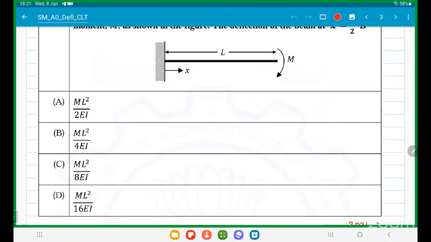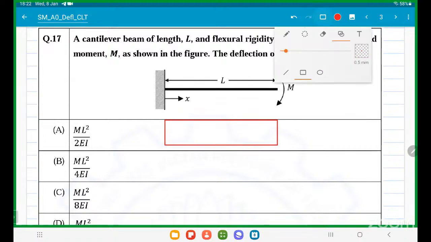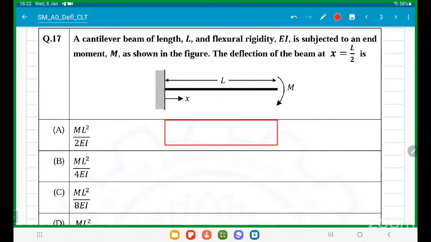What is the bending moment diagram for this? BMD. Very simple. Constant bending moment. 0, M, means minus M, no problem. Okay. 0, M, length L. Correct. Where is the calculation point?